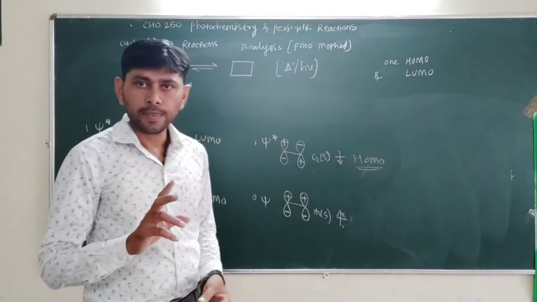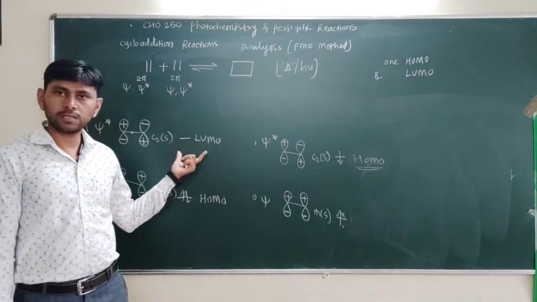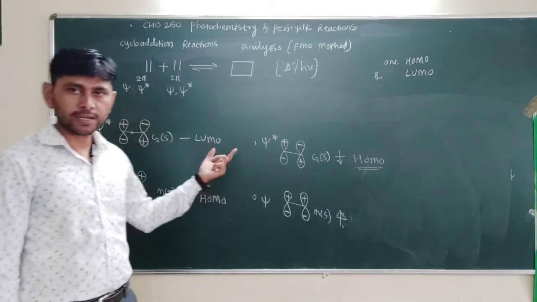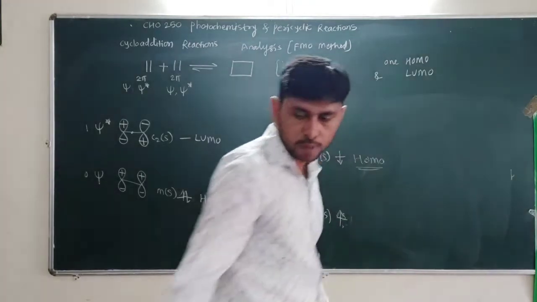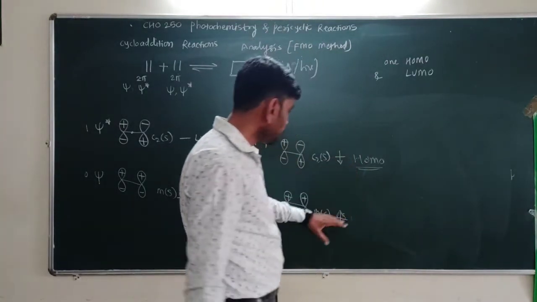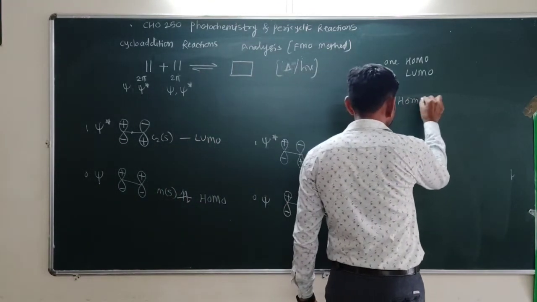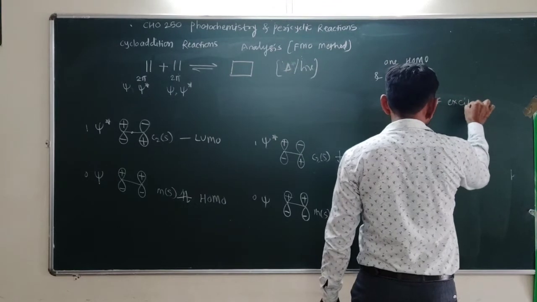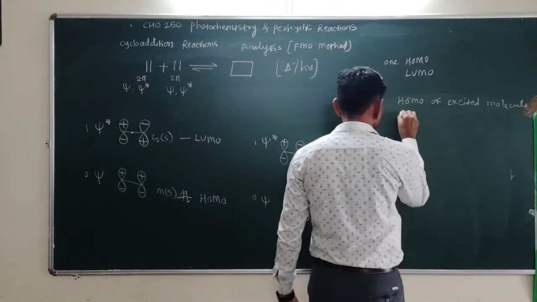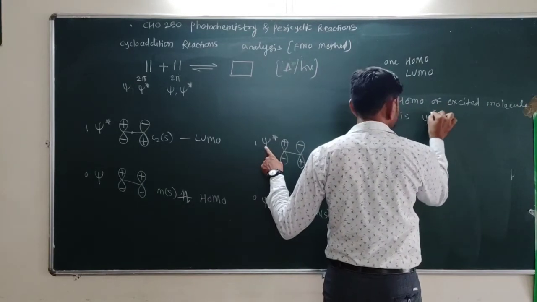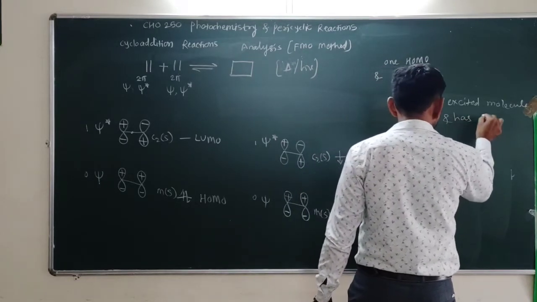So we have to take the HOMO from the excited partner and the LUMO from the ground state partner. So the ground state partner and excited state partner lead to the bonding overlap. Let's see, one HOMO and one LUMO we have to consider. So we have to consider here the HOMO of the excited state partner. The HOMO of the excited molecule is psi star and has C2 symmetry.